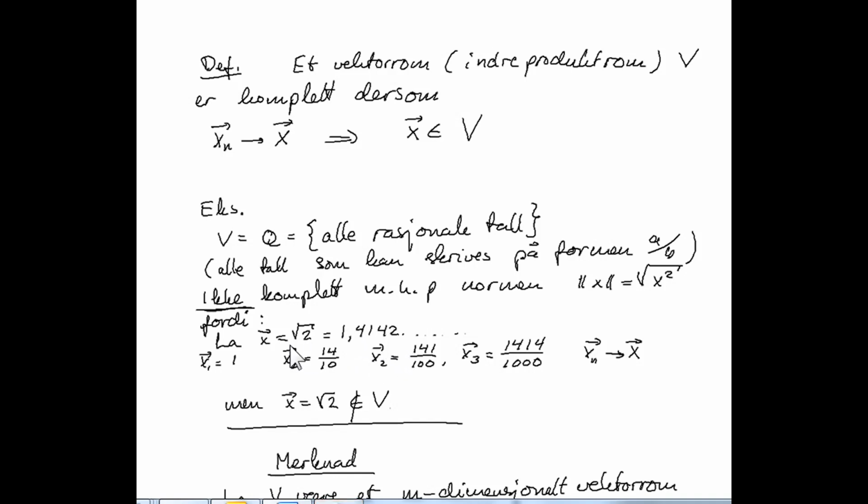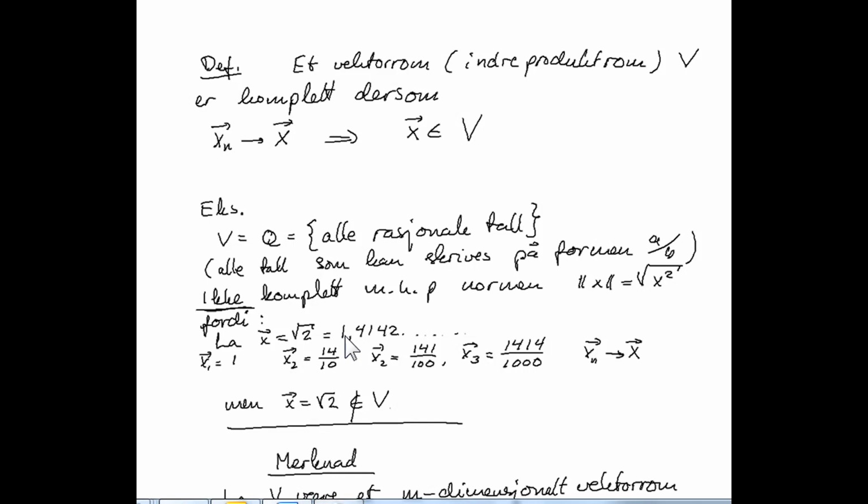it's 1.4142. So if we, for example, now take x1 equal to 1, the first number here, x2 equal to 14 over 10, which is 1.4. x3 is equal to 141 over 100, which is 1.41. x4 equal to 1414 over 1000.